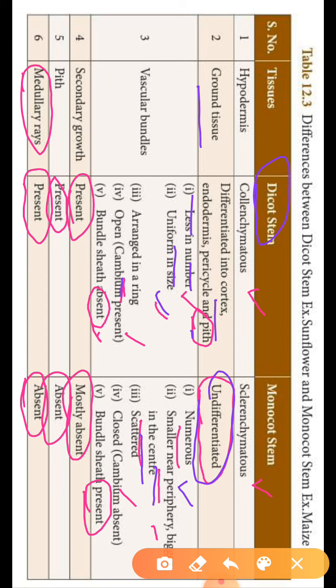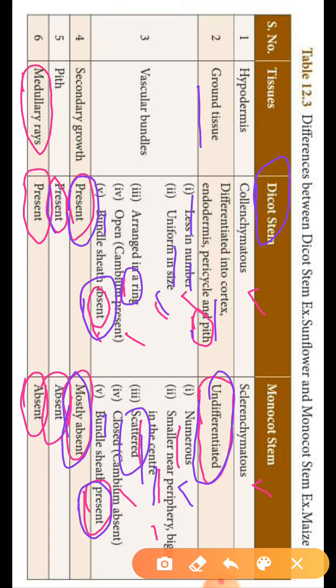Arranged in a ring in dicot stem, scattered in monocot stem. Open in dicot stem and closed in monocot stem. The bundle sheath is absent in dicot stem, present in monocot stem. Secondary growth is present in dicot, mostly absent in monocot.